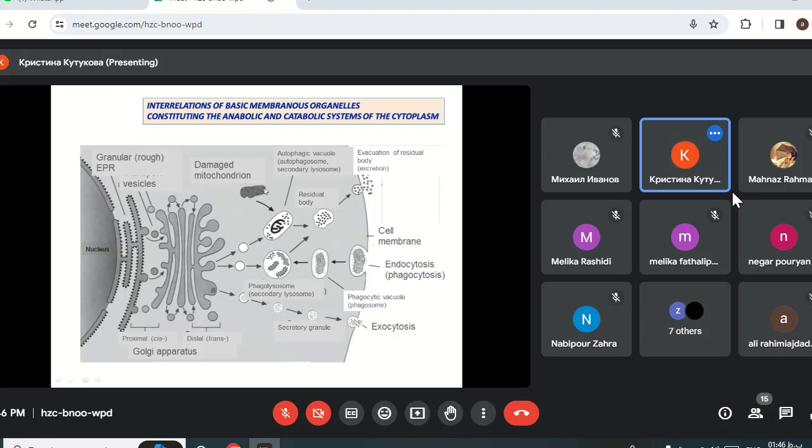So this broken, damaged mitochondrion will be digested with the enzymes from lysosome.